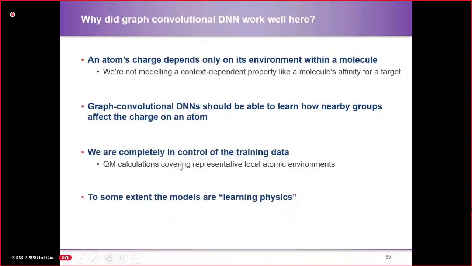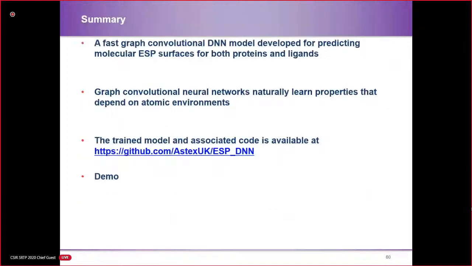So we were in complete control of the training set. We covered the training set in such a way that you had examples to cover a quite diverse chemical space. And to some extent, the models actually learn physics because they learn the atomic environments.